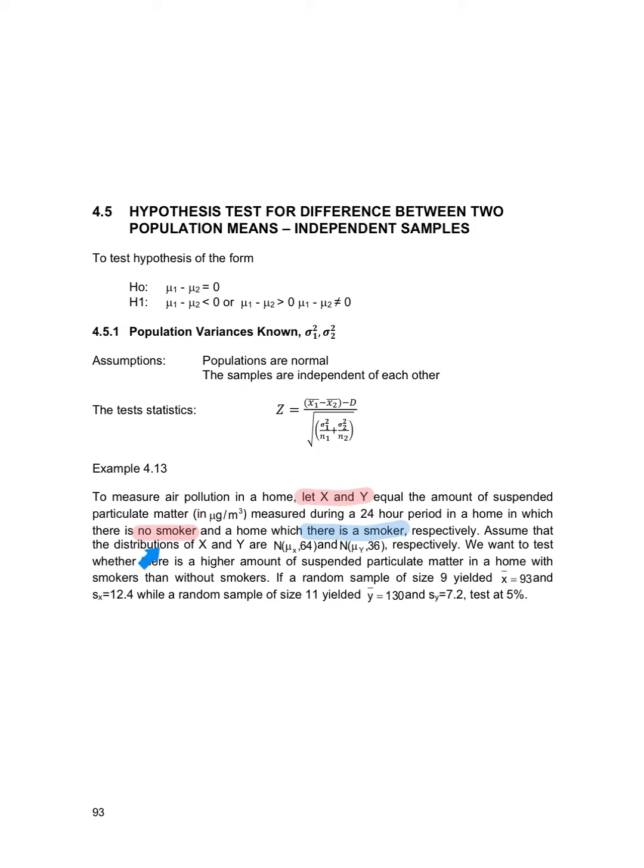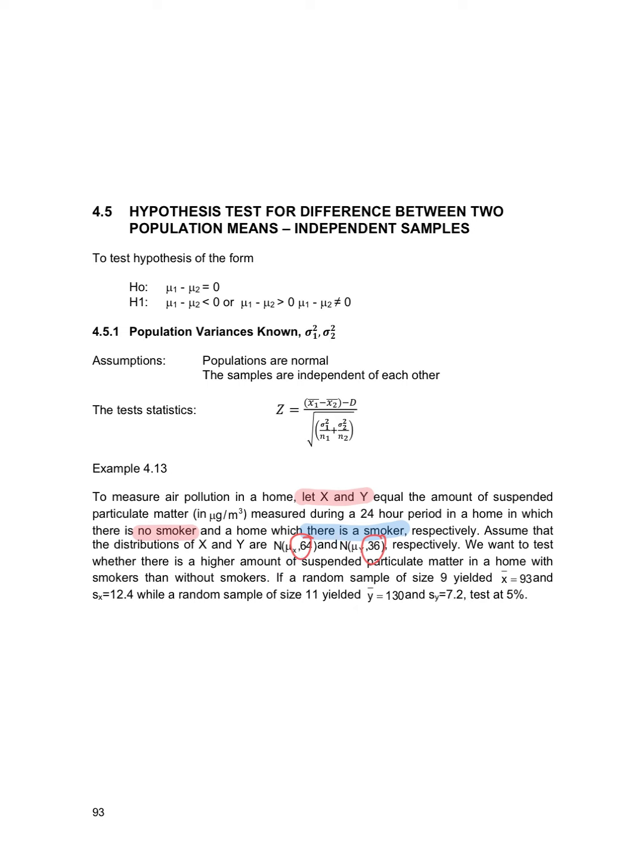Assume that X has a normal distribution with mean mu X and variance 64, and Y has a normal distribution with mu Y and variance 36. So this is where we know the population variances, this one for X and this one for Y. This information refers to the population, not a sample.